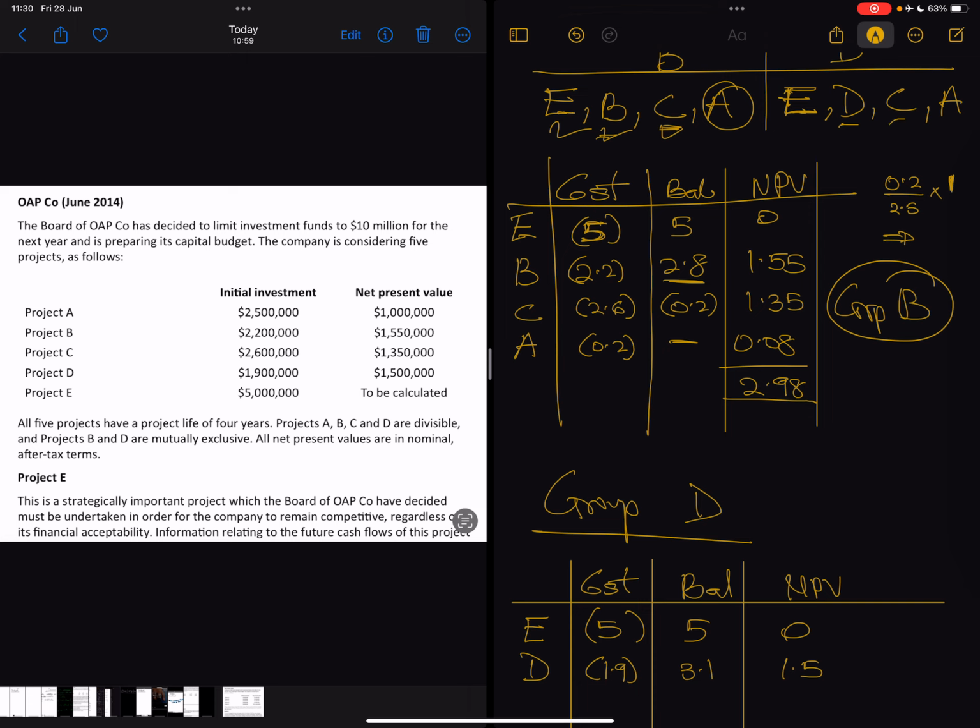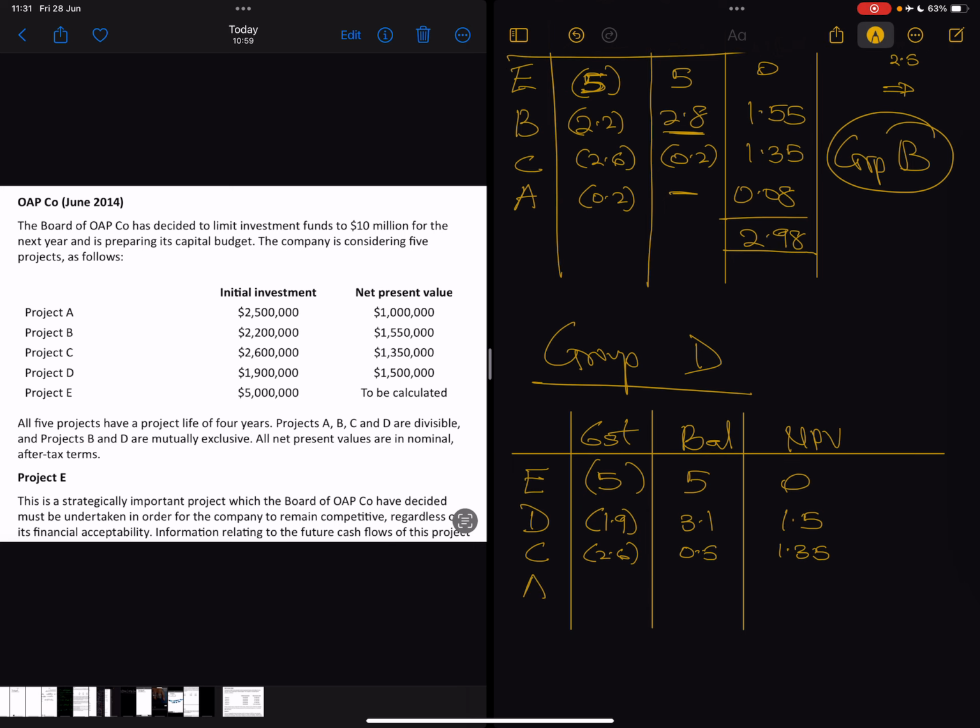Then we can move to C. C is going to cost 2.6. We're left with 0.5. And we make 1.35 NPV. And we can also do A because we still have 0.5 left. So only spend 0.5, we finish the money.